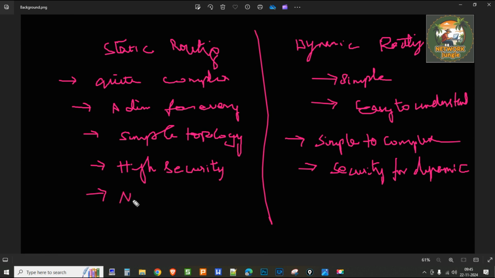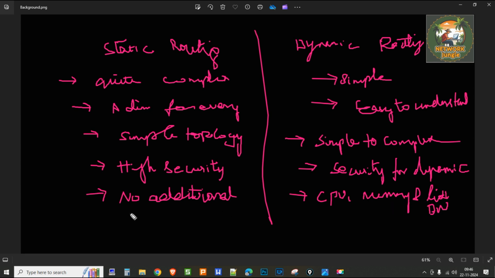Resource usage. No additional resources are used in static routing. Here, CPU, memory and link bandwidth are utilized by dynamic routing protocols to understand the added new topology and create the algorithms.